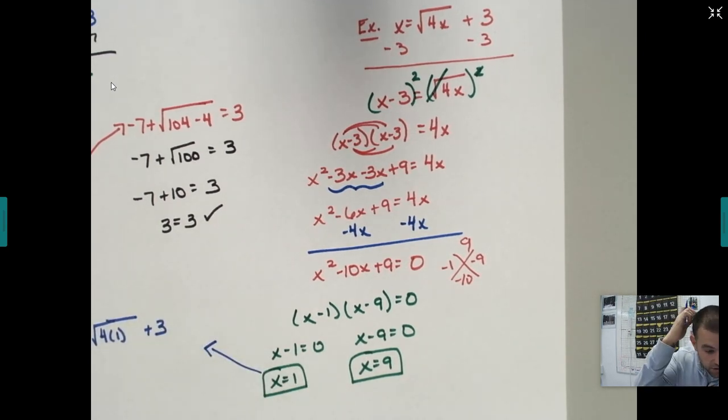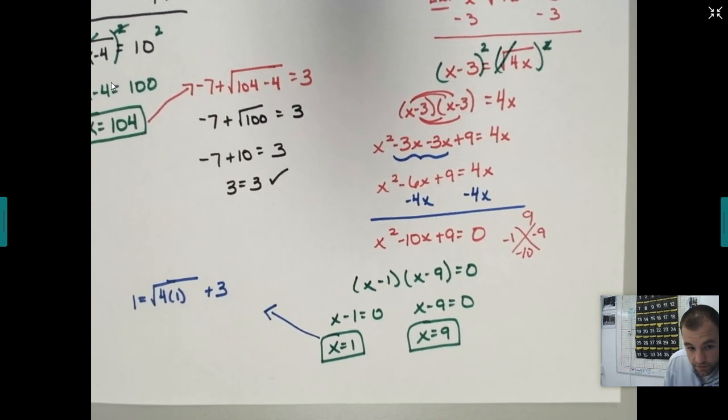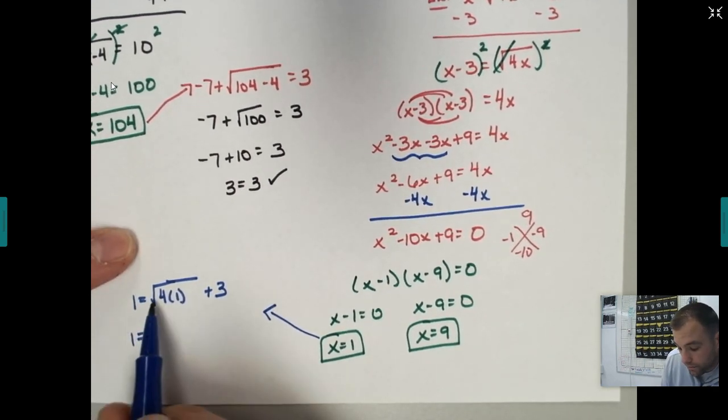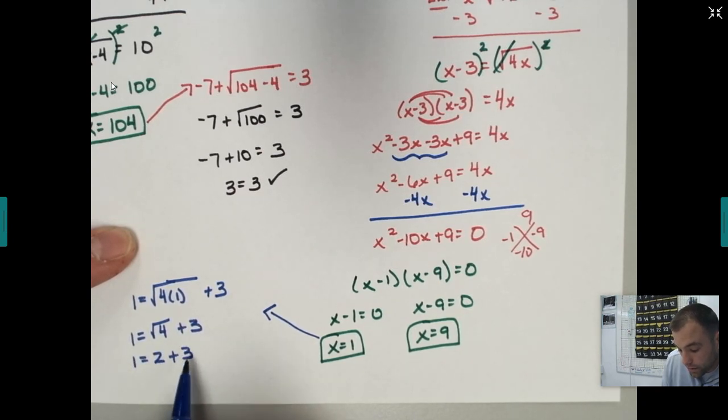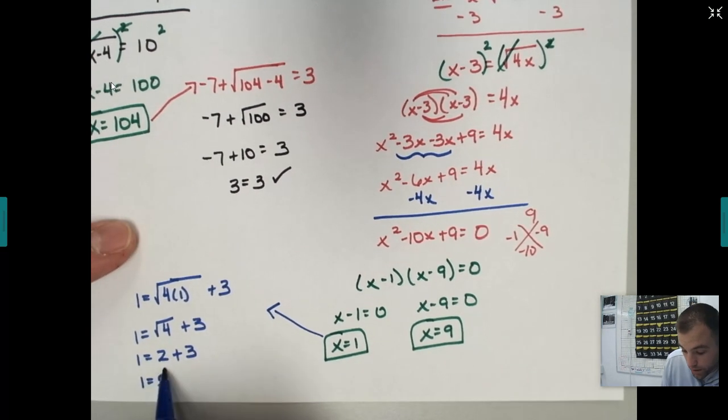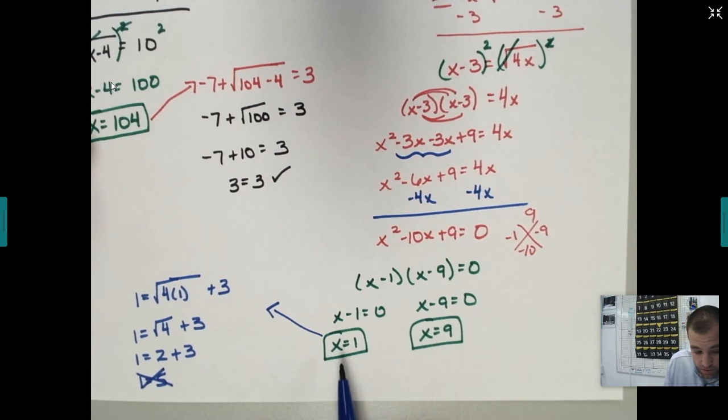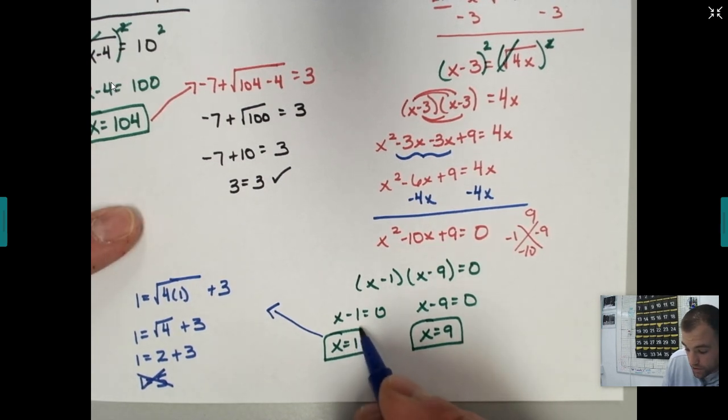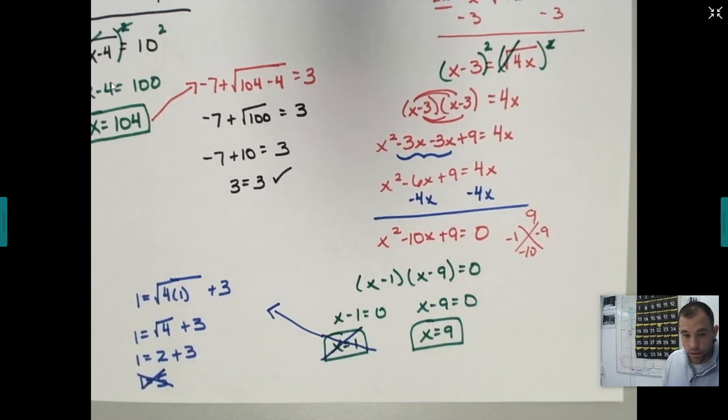Let's see if that works. 1 equals 4 times 1 is 4. The square root of 4 is 2. And 2 plus 3 is 5. It does not work, right? So this answer does not actually work. We call this extraneous. It's not an actual answer to our problem, because it didn't check out when we checked it. So now we have to test the other one.